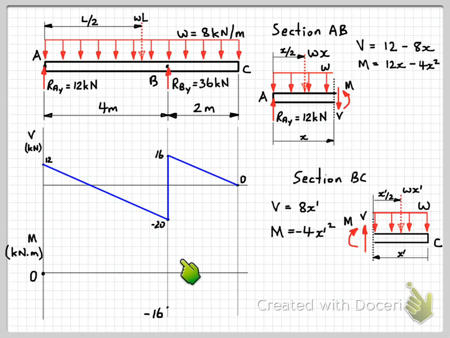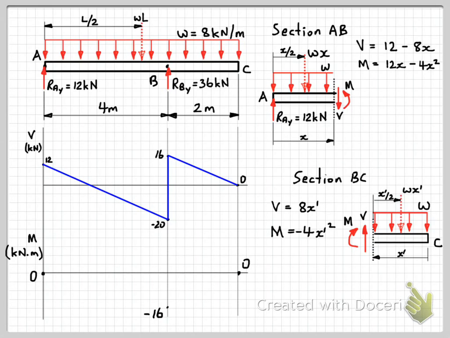Which is correct because we have no externally applied moment here, so there should be no step change in the moment diagram. Now let's put x dash equal to 0 for C, and of course our bending moment there will be 0.